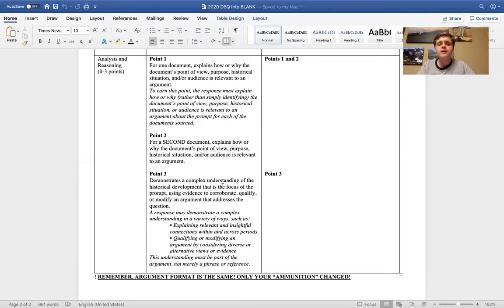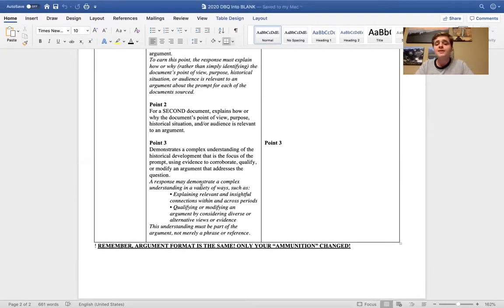And so you can use connections within and across time periods. So that's a historical parallel. You're basically explaining, well, this, whatever topic I'm writing about, was similar to this topic in a different time period. So the point of that is trying to show you that history can sort of rhyme, or that there's a lot of similarities across time periods.